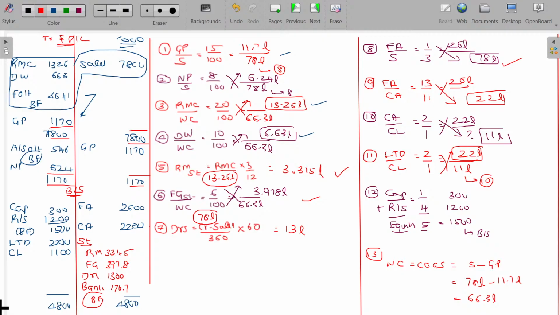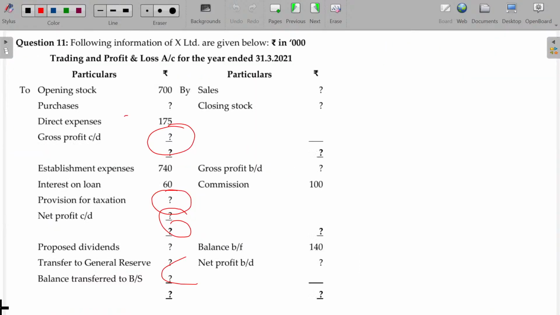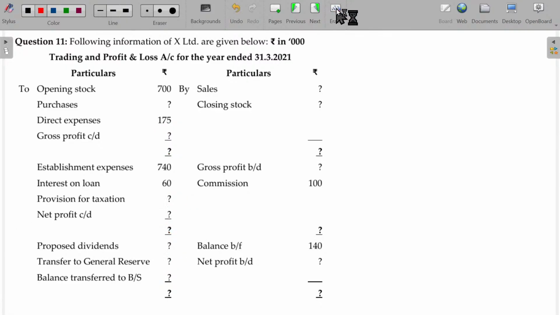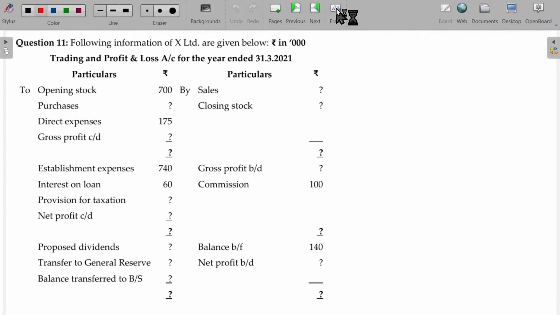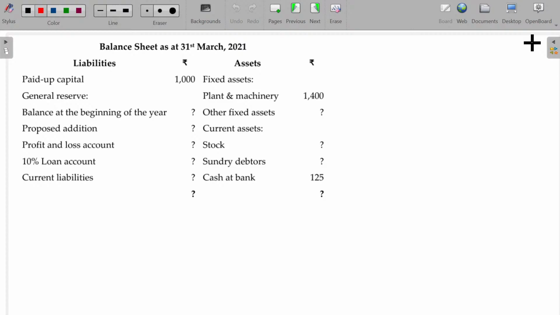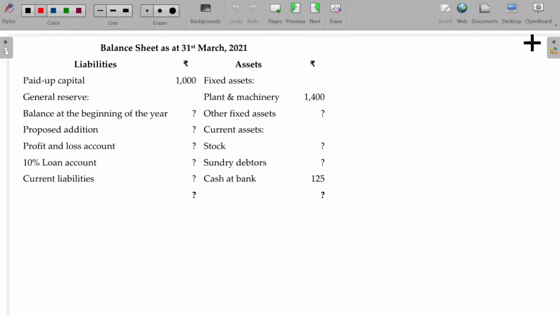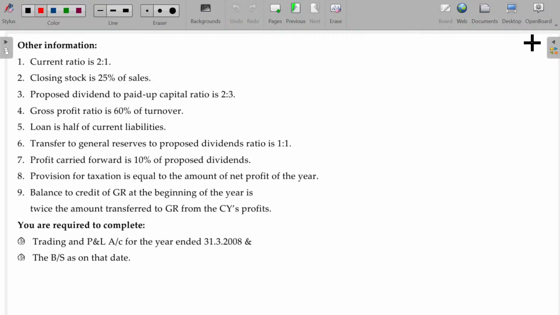Now let's move on to the next illustration. So in question number 11, we have been given skeleton trading and P&L account as well as balance sheet, apart from that, other information.